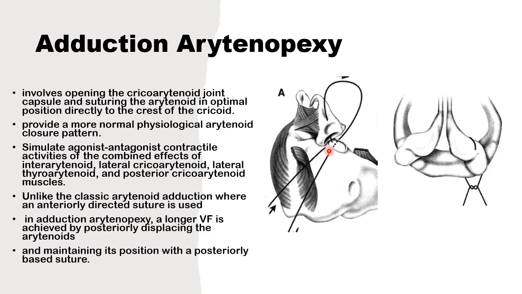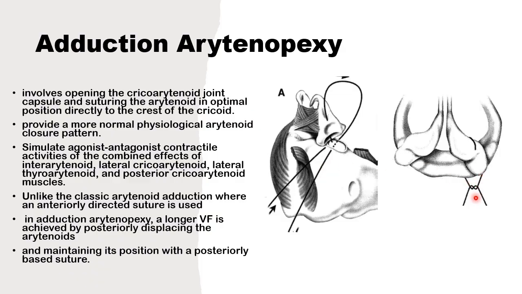In this operation, you open up the cricoarytenoid joint, and then through the posterior cricoid plate, a suture is passed, again a 3/0 Prolene or so, a non-absorbable suture, through the posterior cricoid plate, through the opened up cricoarytenoid joint, into the body of the arytenoid, not the muscular process, the body itself, loop it around the arytenoid, retrieve it backwards into the facet of the cricoarytenoid joint, and then through the posterior plate of the cricoid.